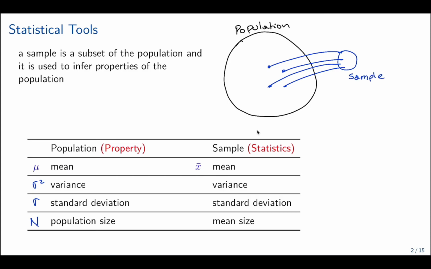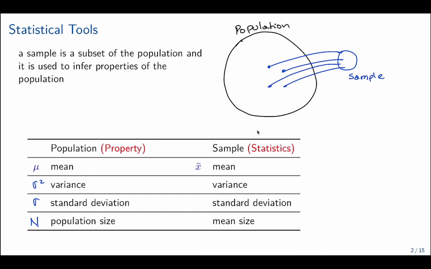The sample contains some elements, and we want to do the same thing: the mean, the variance, the standard deviation, and with those results we want to infer the properties of the population. So in the sample case, those are called statistics, and we infer the properties of the population by computing the statistics.